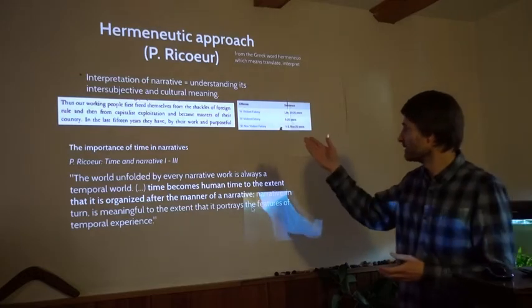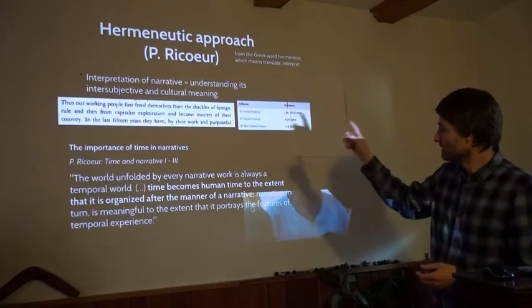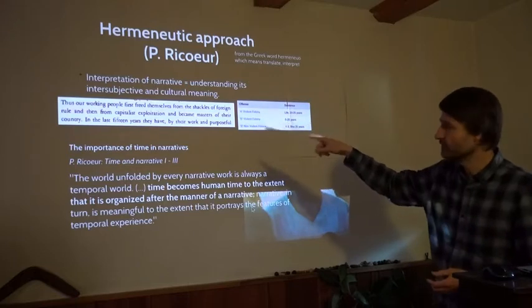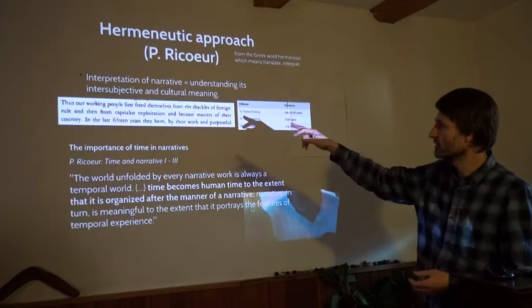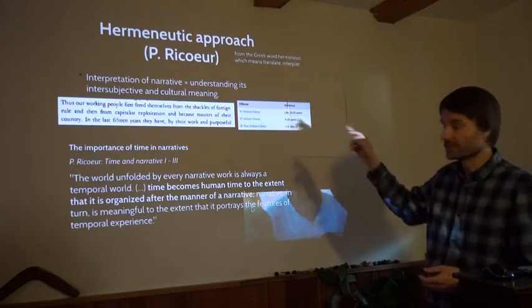And the example could be from the declaration. This is one example of a narrative, how something is expressed by narrative. "Thus our working people first free themselves from the shackles of foreign rule, etc."